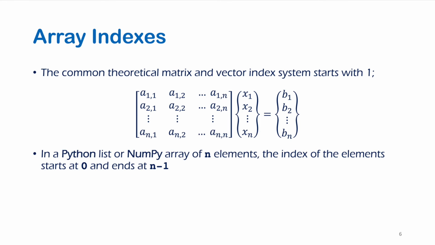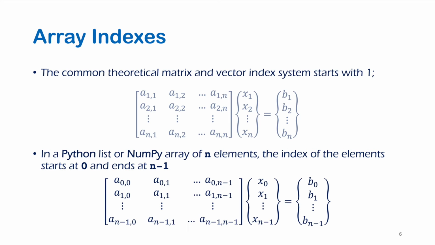In Python, the first element of an array has index 0, and for n number of elements, the last element has the index n-1. For that reason, the subscripts of the system should be like this. From now to the end of this tutorial, I will use the Python index system. So please pay close attention to this point if you are going to code with another language.